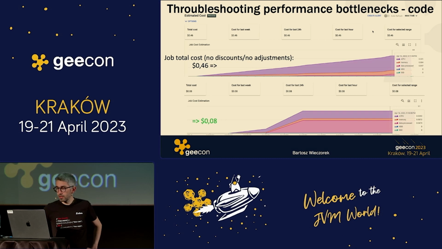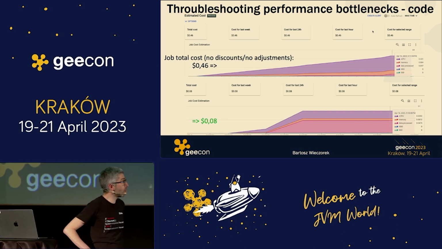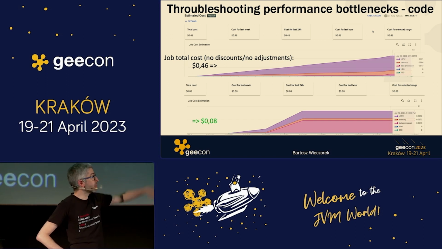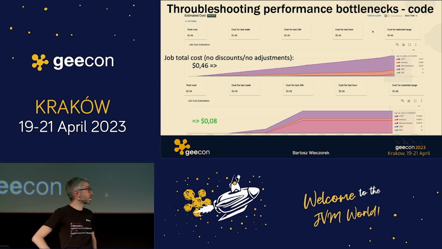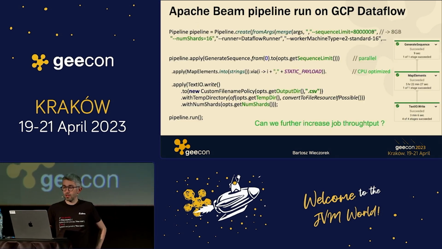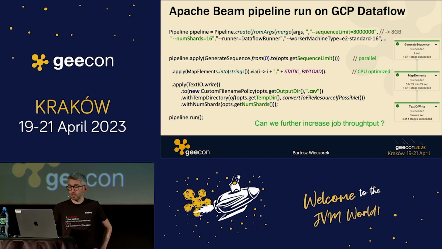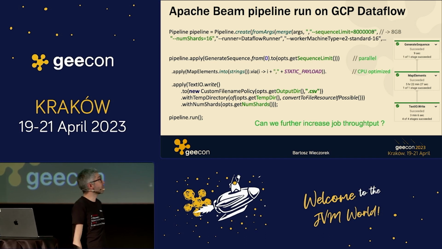If you look into these small boxes, you can see really how much we saved on each of the components that we are paying for. The biggest save was on virtual cores, on vCPU. Okay, so the lesson learned is to try to optimize the user code as much as possible.